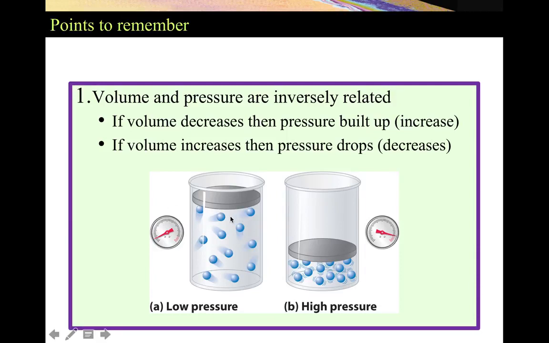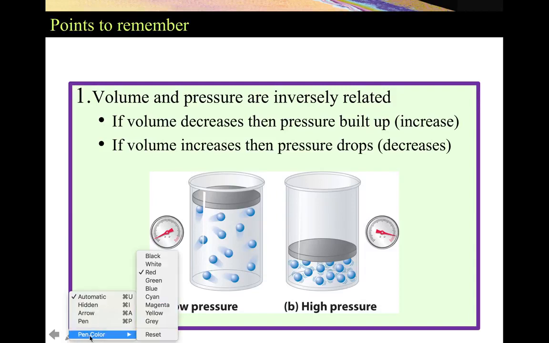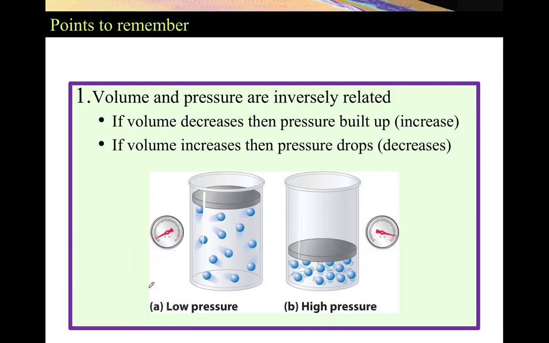First is the relationship that exists between volume and pressure. If you look at the first picture, you have a larger volume, and this implies that the molecules of air exert a small amount of pressure on each other, and as a result, the pressure is considered to be low.